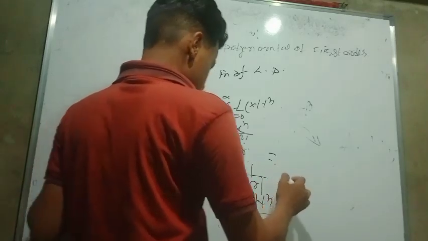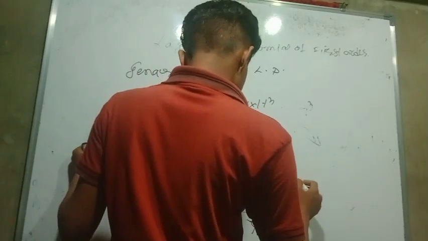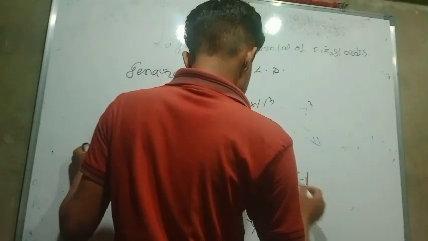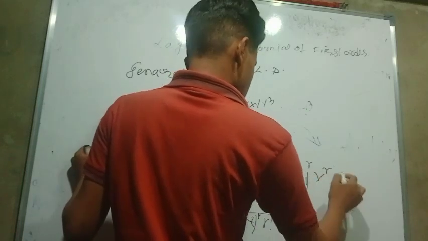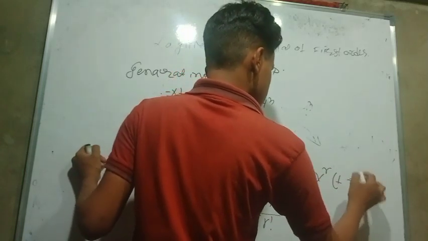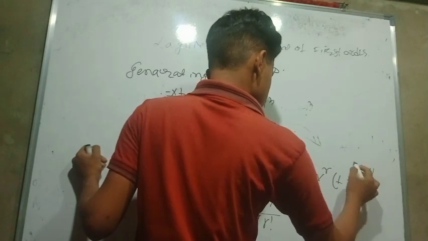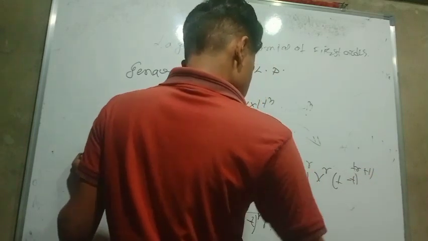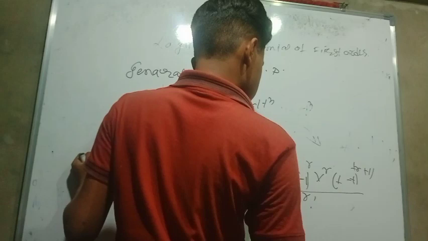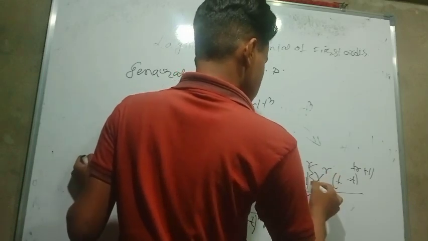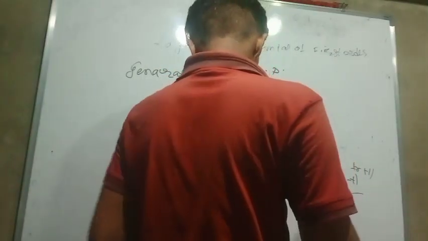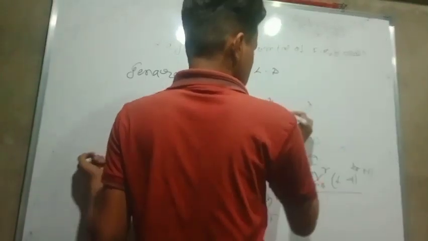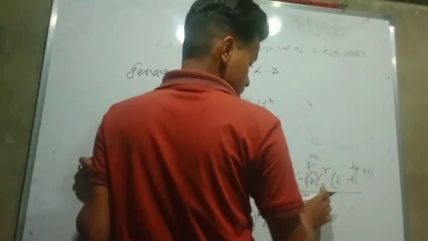So we get minus 1 to the power r, x to the power r, (1 minus t) to the power minus (r plus 1), upon r factorial, into summation r tends to 0 to infinity. Look at this, we have seen this is our result.